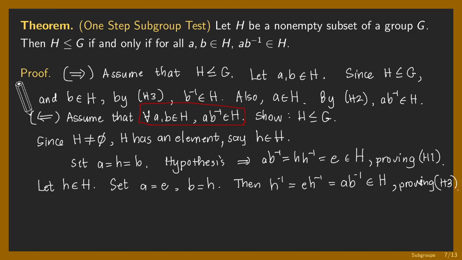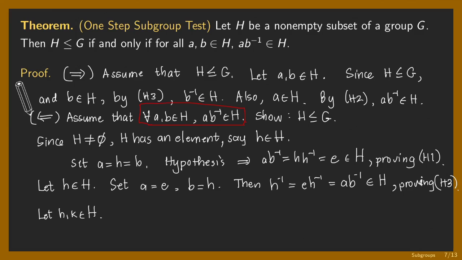Last but not the least, we have to prove that H2 holds. So how do we do that? So we now take h and k to be elements of big H. We have to show that hk is what? Another element of H. In order to do that, using the box property, we have to, well, paano ba gagawin ito? So let's see.